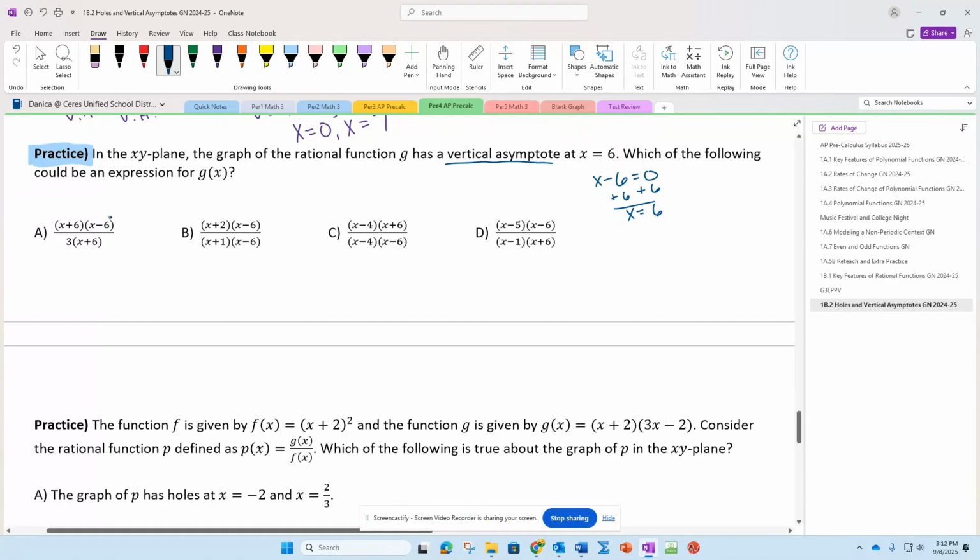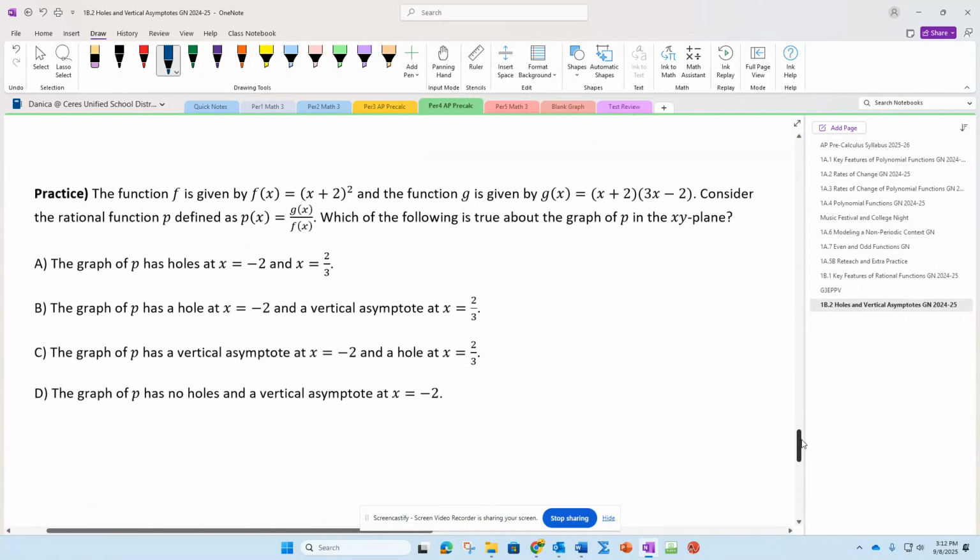Here I have a unique factor in the numerator, so that is not going to give me a vertical asymptote. Here my multiplicities are the same, so that's a hole, not what I'm looking for. Here I have a unique factor in the denominator, and so that is where I'm going to get my vertical asymptote. So choice C is correct.